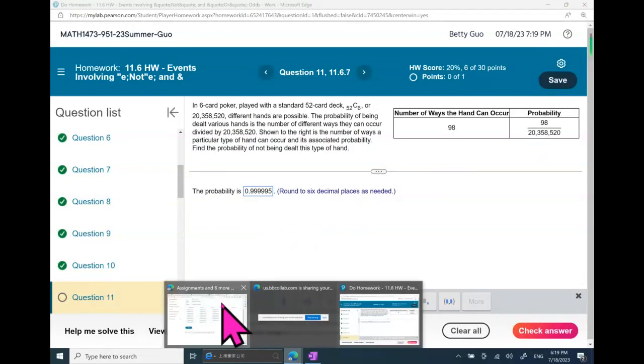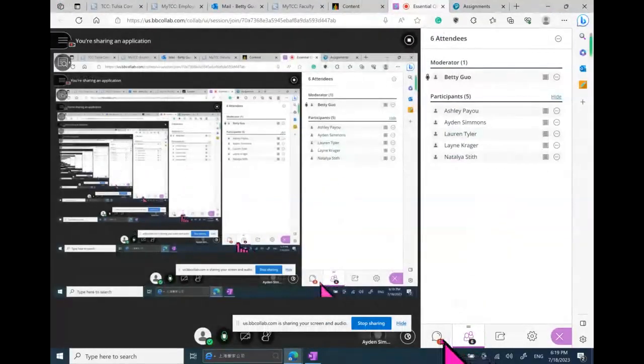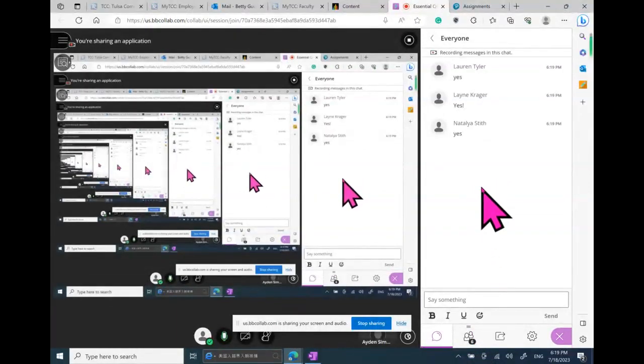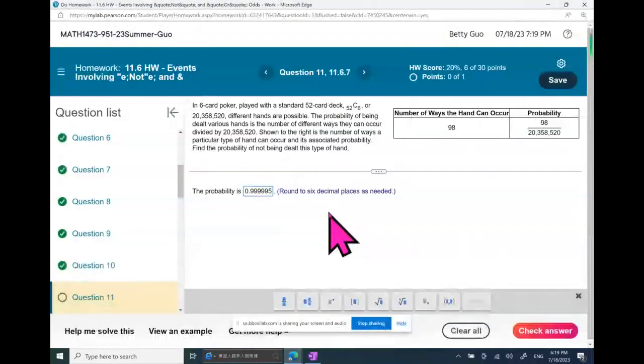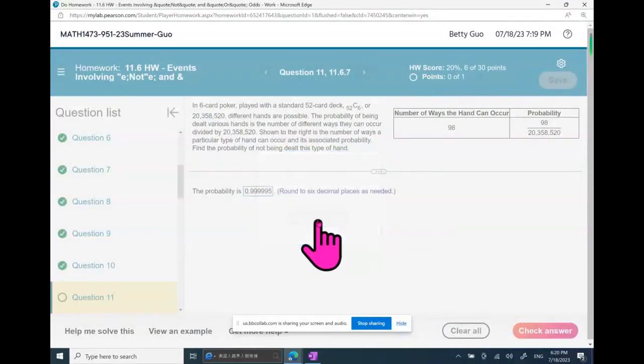Let's see, do you have the same thing? Okay, awesome, perfect. 0.999995 to 6 decimal places. We round it down because after the 5 we have 1. It looks complicated, but once you understand it, it's so simple.